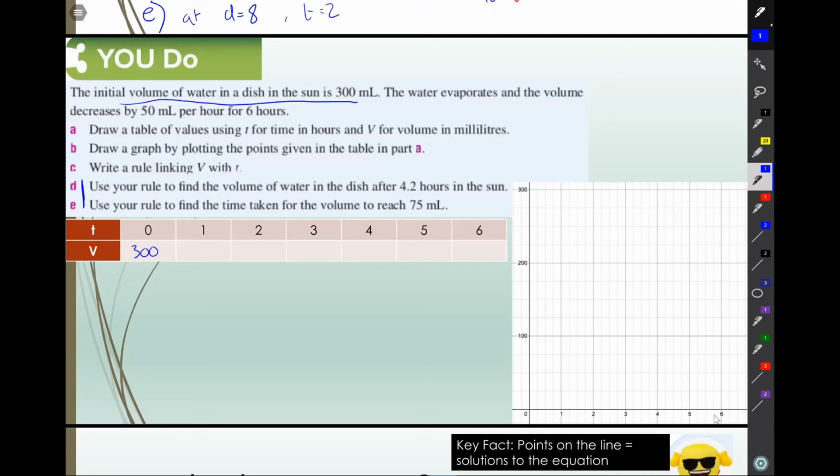Okay, let's fill in the solution. The water is decreasing by 50 mils per hour. Let's plot the points. We're going from 300 to 250, all the way down to 0, and we'll join them up with a nice straight line.